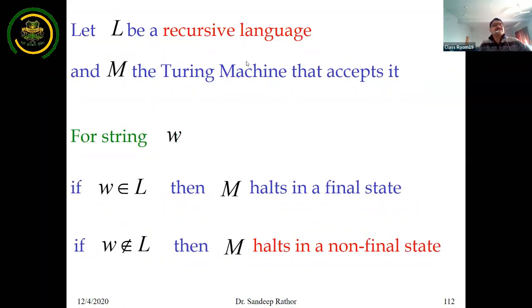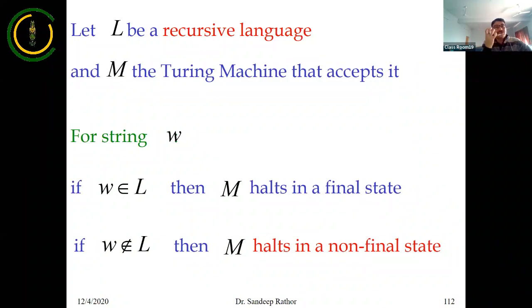And mathematically, if L is any recursive language, that means M should be the Turing machine that accepts it. For that execution purpose, we can represent the same thing mathematically. Just see here how. For example, W is any string. If W belongs to that language, that means the Turing machine should accept.